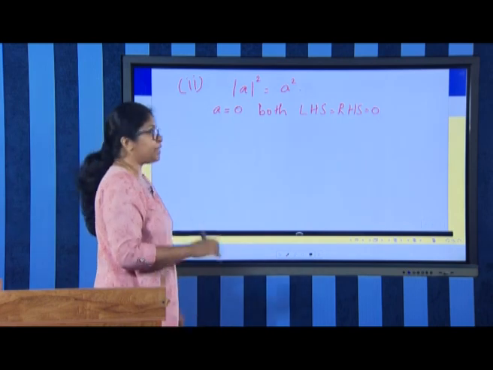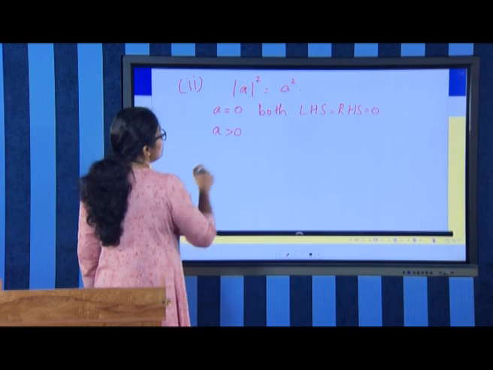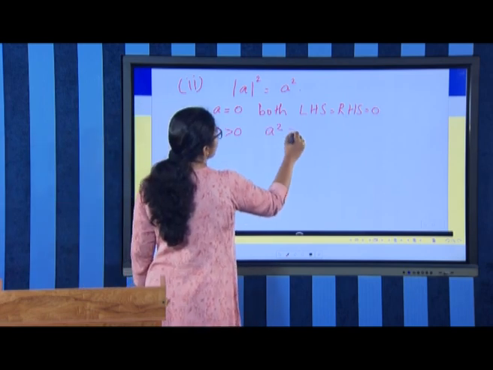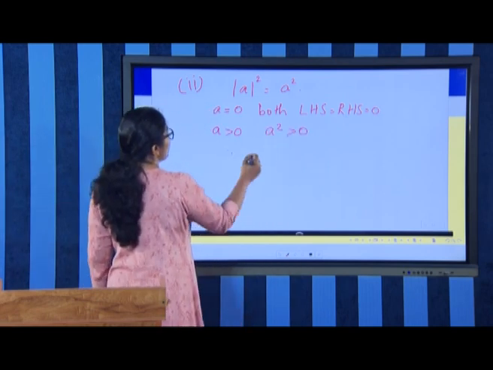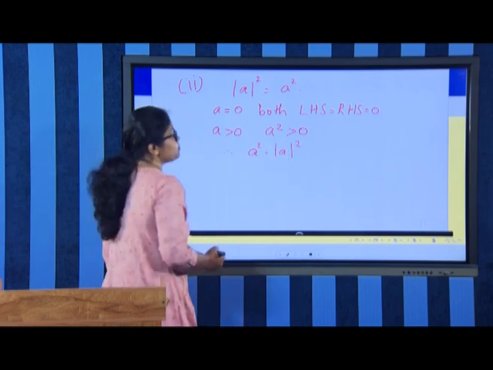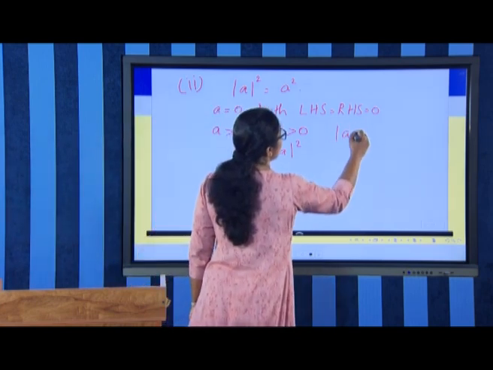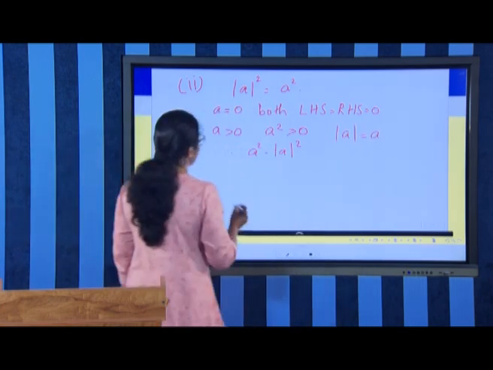So, proof is done. We consider the case when A is positive. If A is positive, A square is positive. Therefore, we have A square is equal to mod A the whole square, because mod A is nothing but A itself.